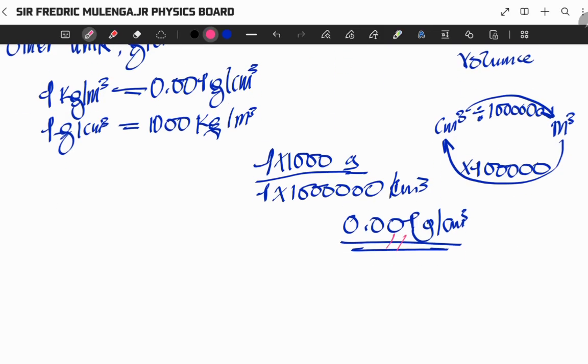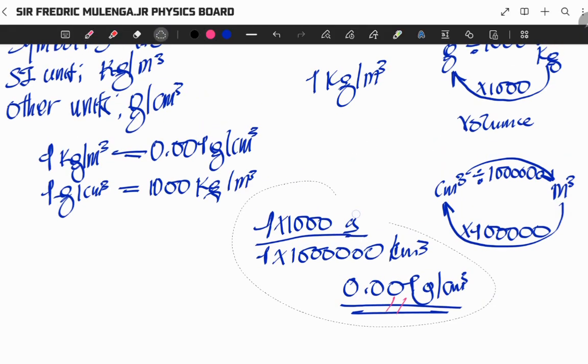Vice versa, when you are converting grams per centimeter cubic into kilogram per meter cubic, you do the same. Let me demonstrate that.